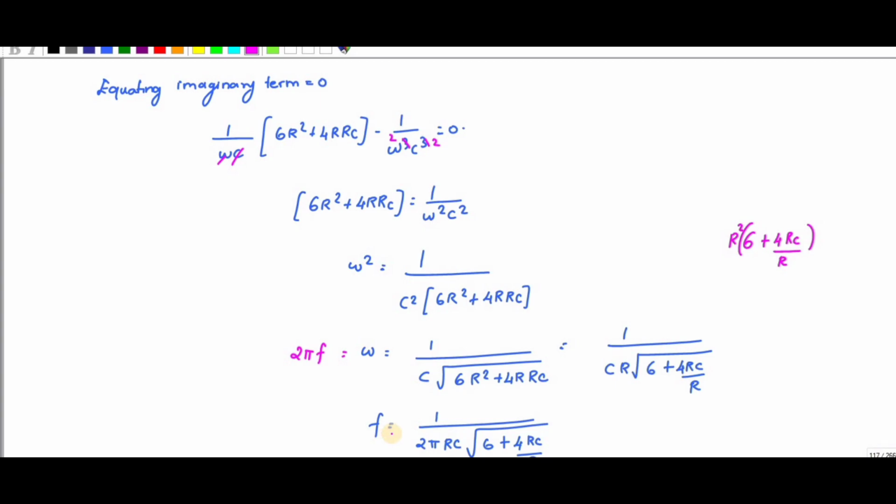F is equal to 1 divided by 2 pi rc is root of 6 plus 4 r rc by r. So this I can write it as 1 divided by 2 pi rc root of 6 by 4k, where k is equal to rc by r. Okay.